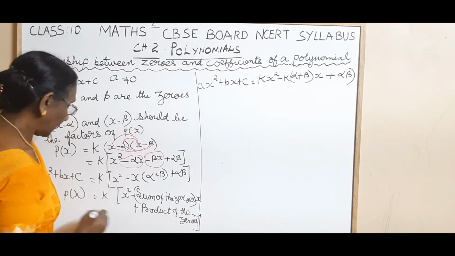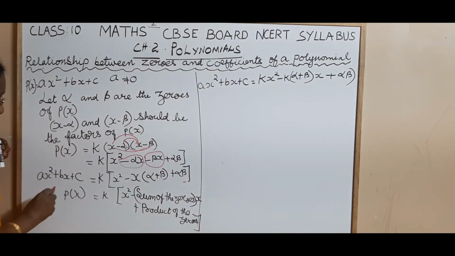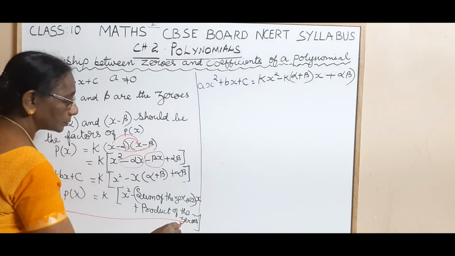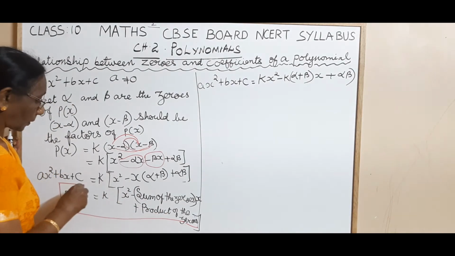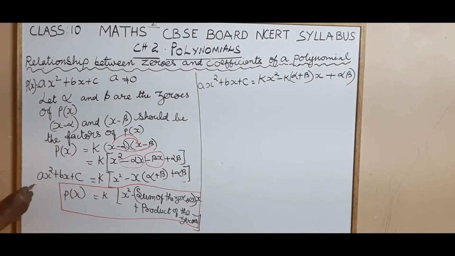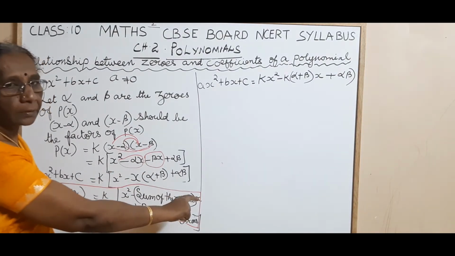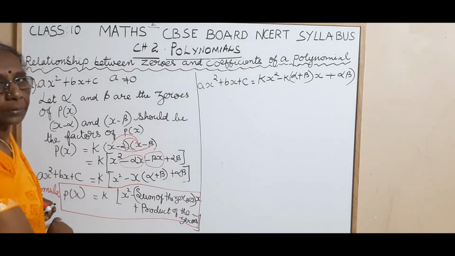Children, this becomes a formula. If the zeros are given, you can use this formula and frame the polynomial p of x.